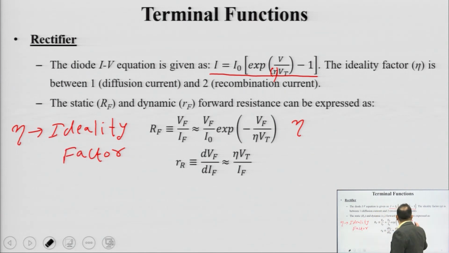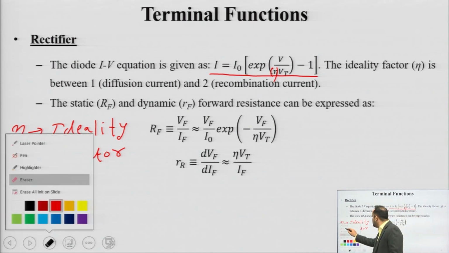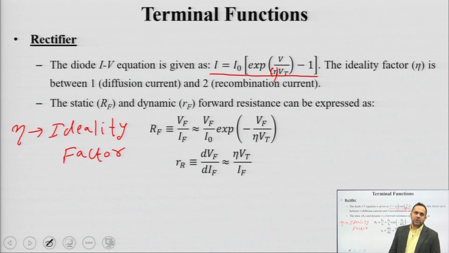I have drawn the IV characteristic of ideal diode on the previous slide and also shown you the practical characteristic. How close the practical characteristics resemble that of an ideal diode shows what the value of ideality factor is. If the current is dominated by diffusion, ideality factor would remain as 1.